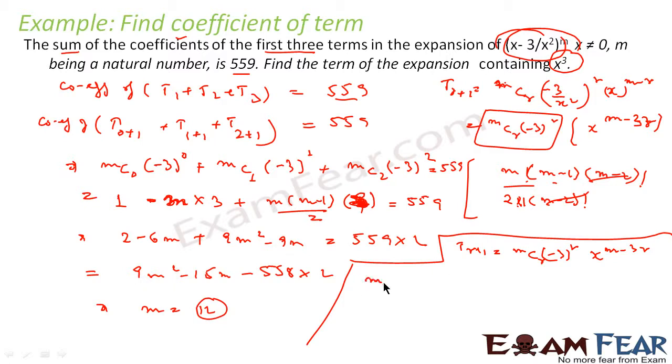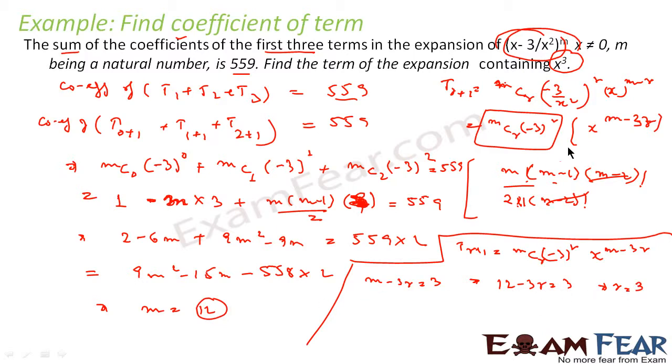So we are saying m minus 3r is equal to 3, and m is equal to 12, so 12 minus 3r is equal to 3, or 3r is equal to 12 minus 3, which is 9, so r is equal to 9 by 3, that is 3.